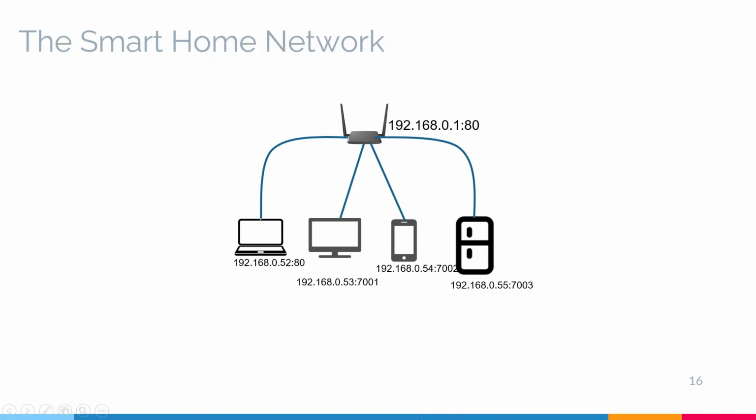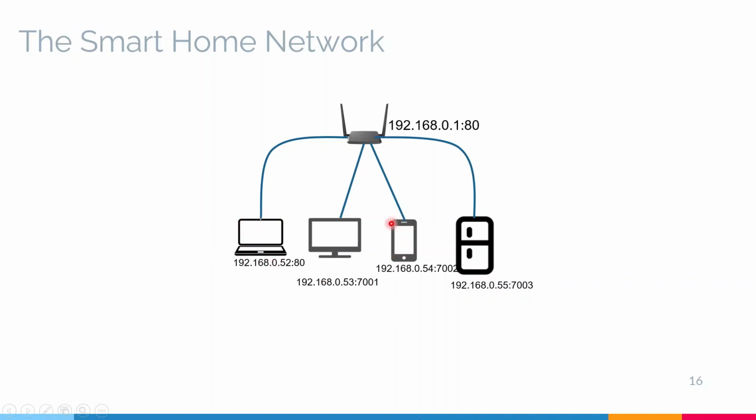This application can also turn on, off, increase volume, decrease volume, change the channels on the television, and do similar things on the refrigerator. So this web application has that feature implemented.